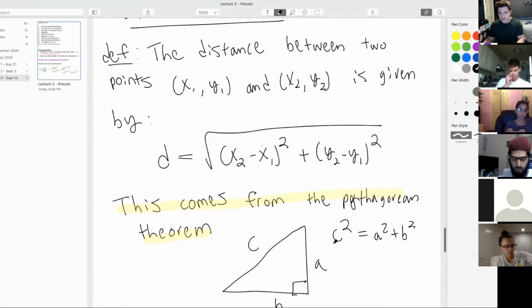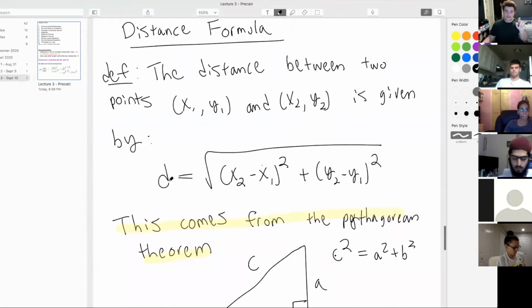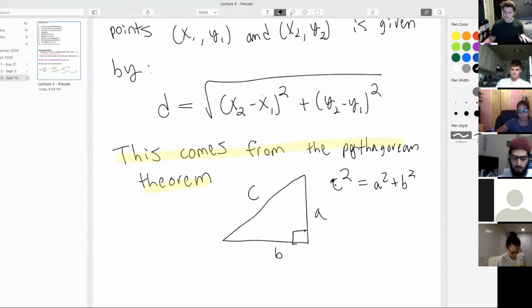The Pythagorean theorem is used to solve for right triangles, and we'll do it later when we do trigonometry. But what I have written up here, d equals the square root, that is the distance formula.